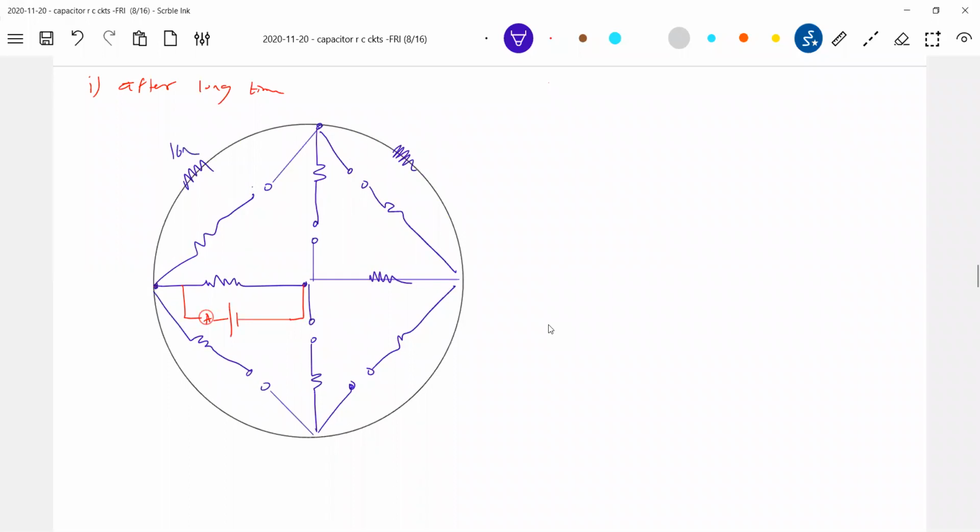This is all 16 ohm, 16 ohm. There's a point A, there's a point B. I think again redrawing the circuit, no? So here we have resistance. Okay, redraw the circuit.